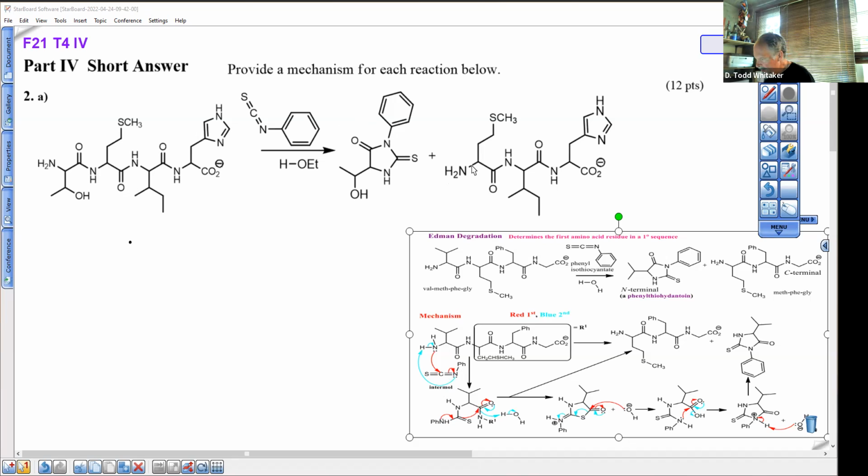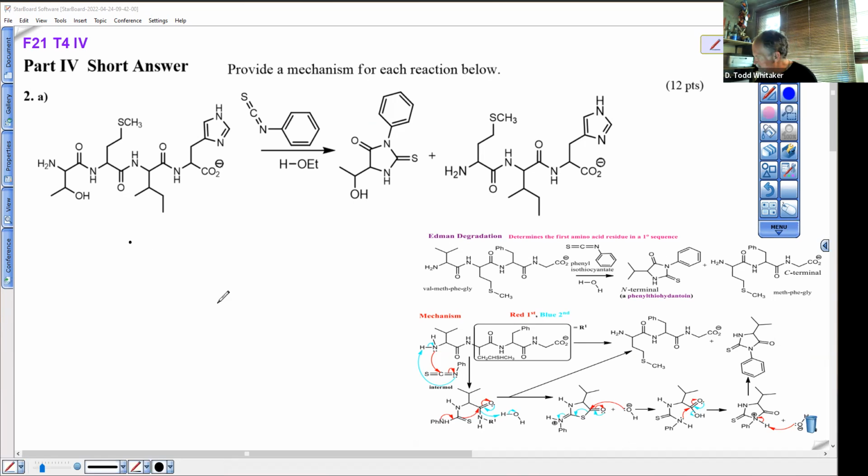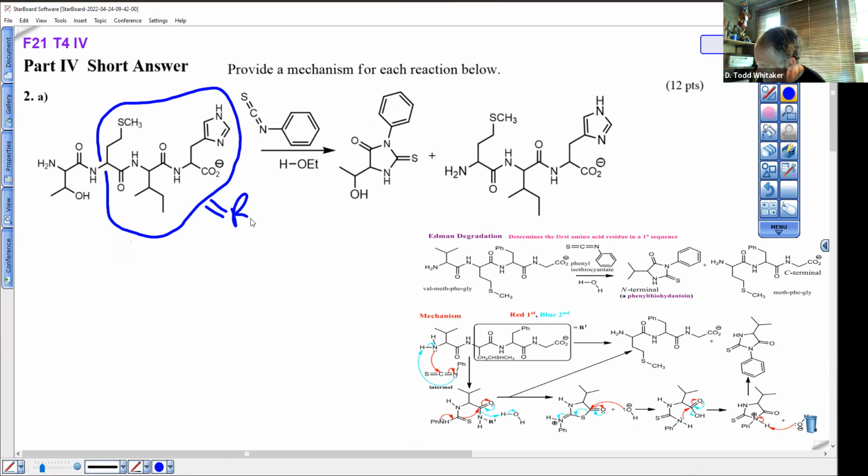So we never have to change to the right there. Everything up to, but not including the NH, is going to be circled and called R. No R's elsewhere on this page.